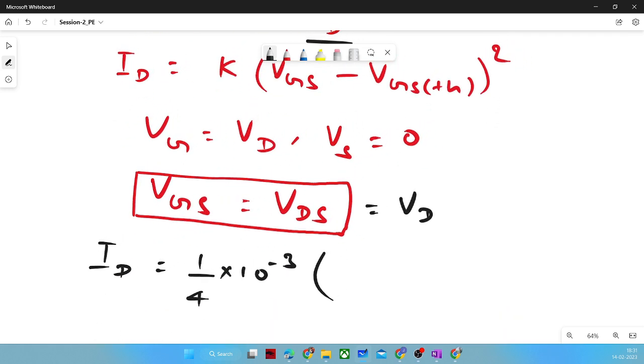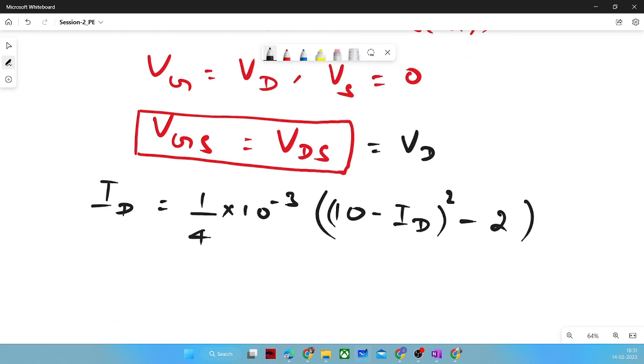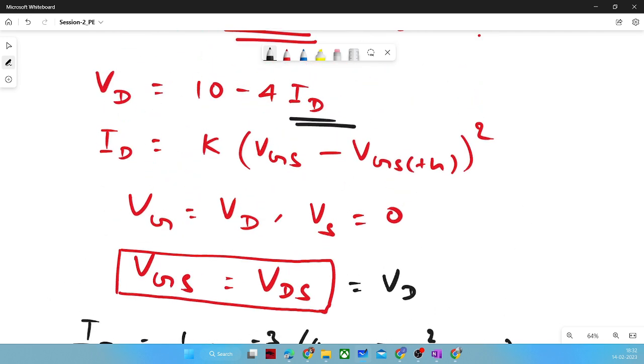So now you might have guessed correctly that it is going to be a quadratic equation, and the threshold value is 2 anyway. So this is your expression. One equation and one unknown, and this will be your quadratic equation, 4ID.